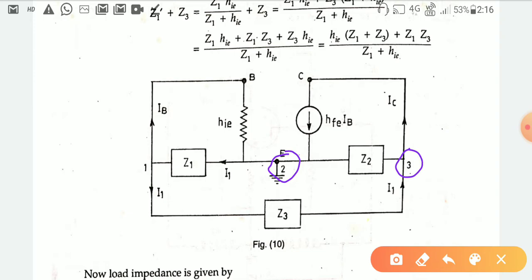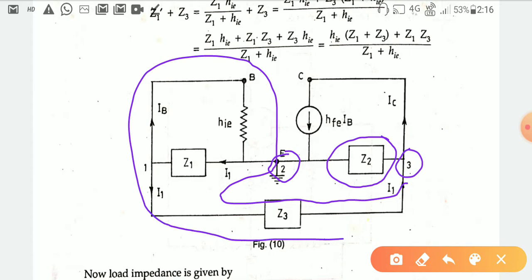So between these two nodes, the two impedances are connected in parallel. One is the Z2 path and the other is this path. So these two paths are parallel, and their parallel impedance result will be defined as ZL.